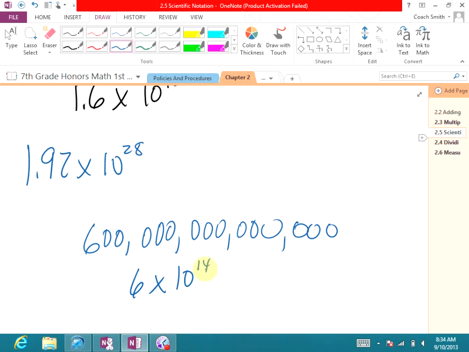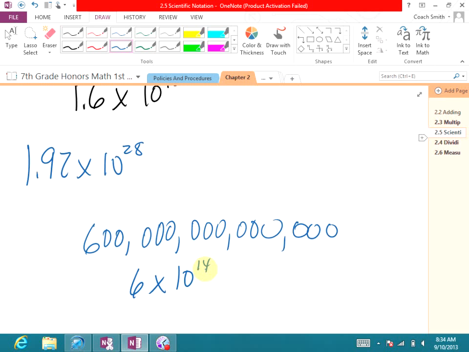That is 600 trillion. The furthest star that we know about is 13.2 billion light years away. Not 13.2 billion miles, but 13.2 billion light years away. That's pretty far.